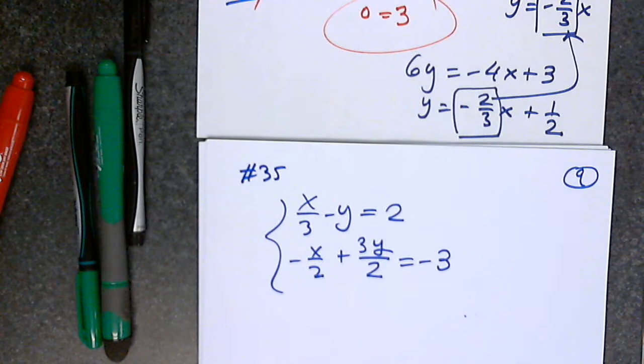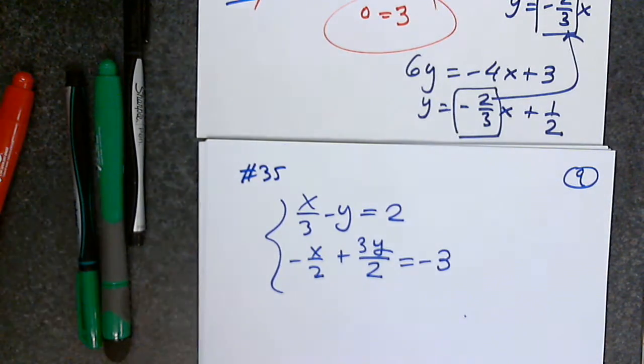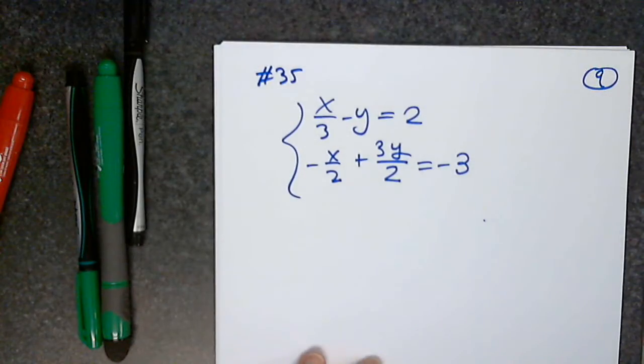And you could say, but this is a tough one because it has fractions. Not at all. We will eliminate them as we please. We'll do whatever we want as long as it's legitimate to that system. And if we don't like fractions, we can make them disappear very easily. No effort at all, really.